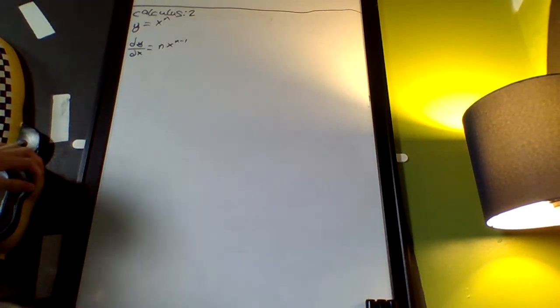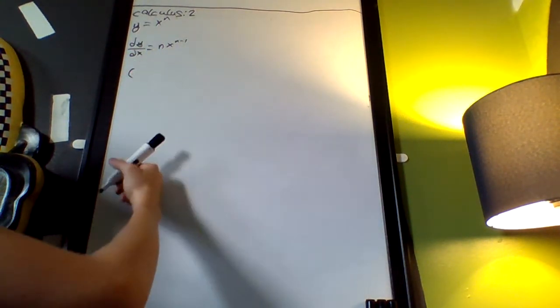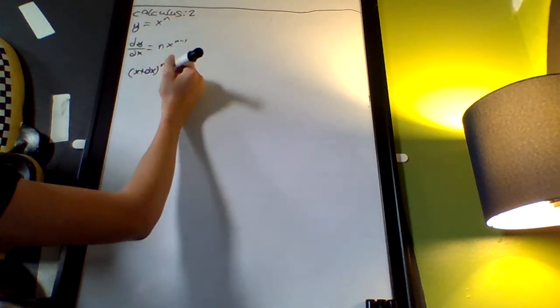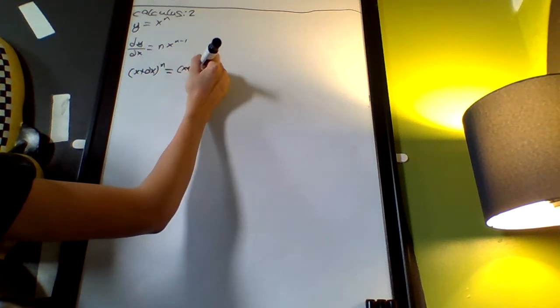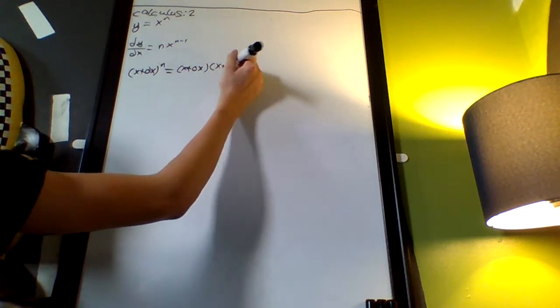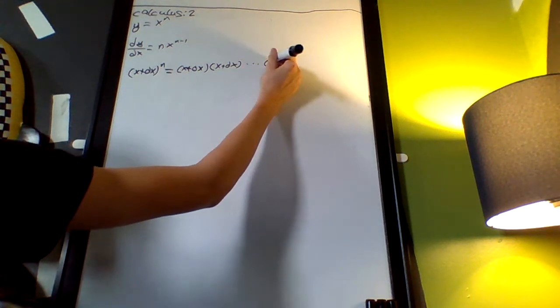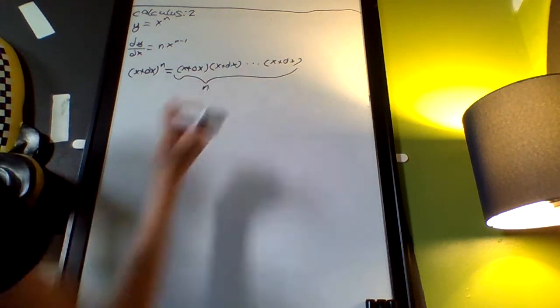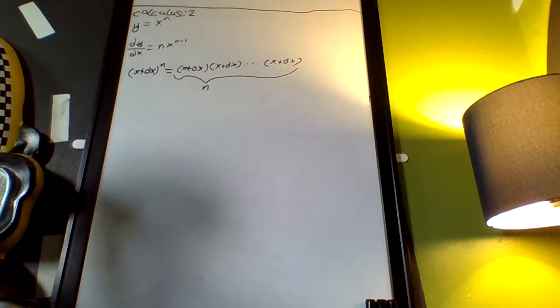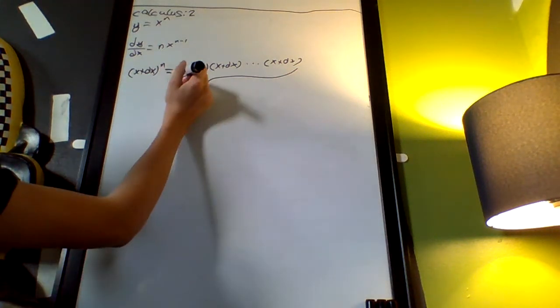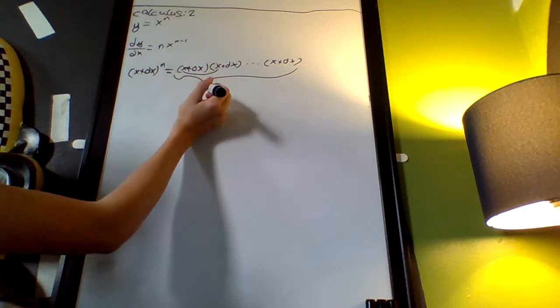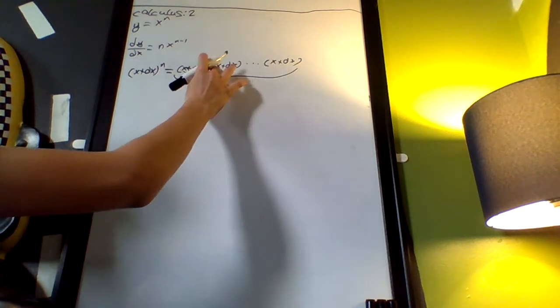Okay? You can kind of see this, because if you plug in x plus dx to the n, you get x plus dx times x plus dx, n times. Really what you're doing, you have to first multiply it there, then there, then there.